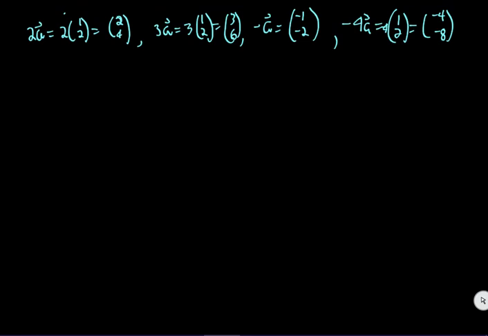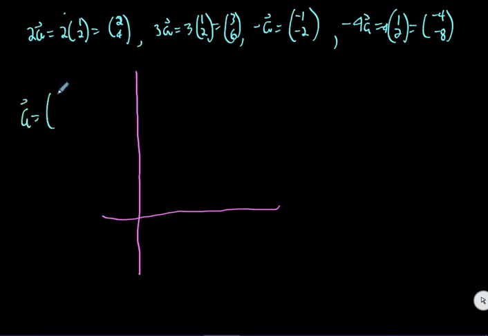Let's see if we can see what this looks like. So let's just do this here, and then maybe we can see what's going on. For the first, what was a equal to? A was equal to the vector 1, 2. So if I go 1 and then up 2, that vector right there represents a.